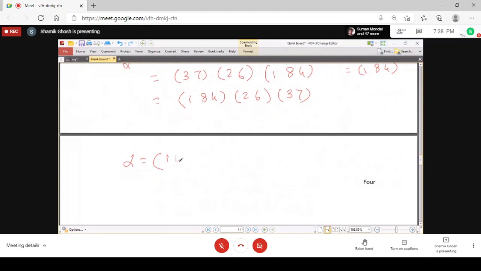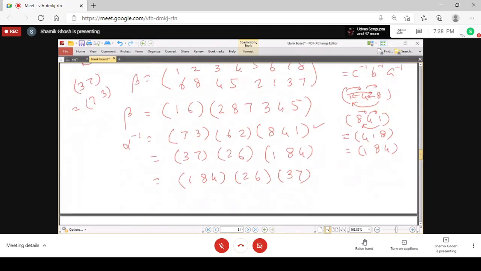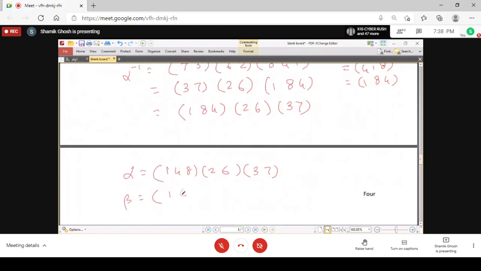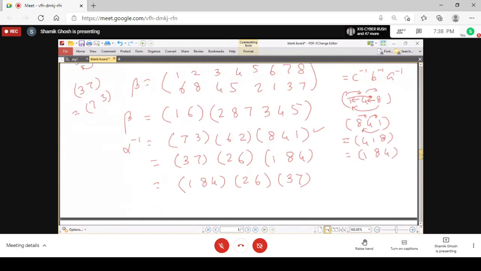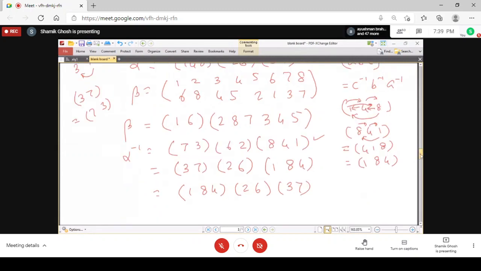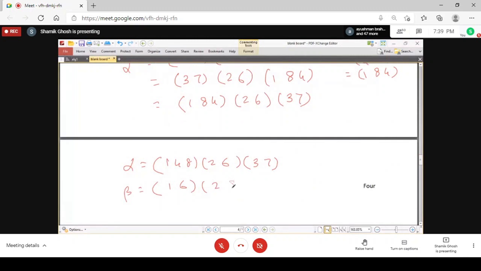Alpha is 1482637, and beta we computed as 16, and then 287345, and alpha inverse we computed 18426 and 37.